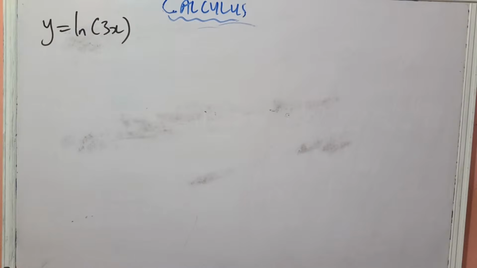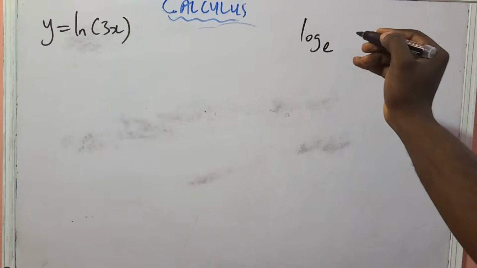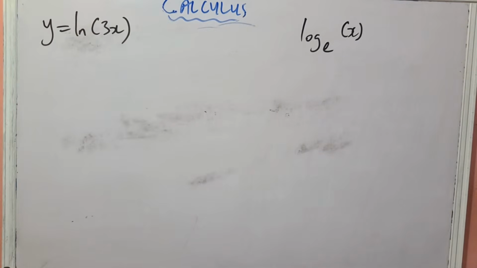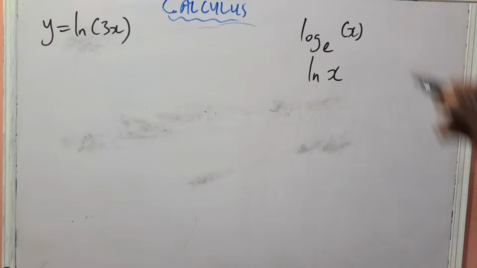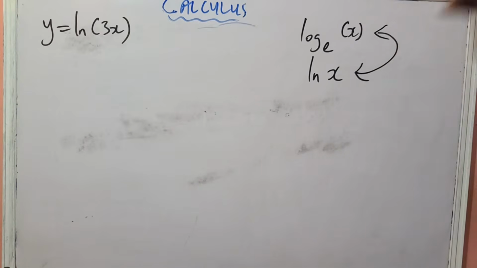So now, guys, when you are dealing with calculus, you may see something like this. Look at this. Log e x. You see something like this. And you may also see something like this. Ln x. So I want to give you the understanding of this. These two things, they are the same thing.